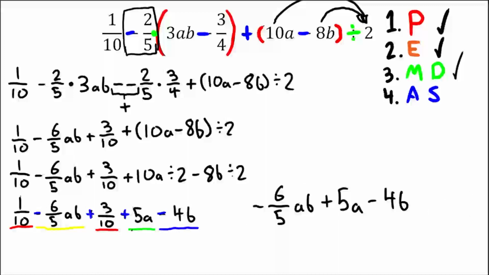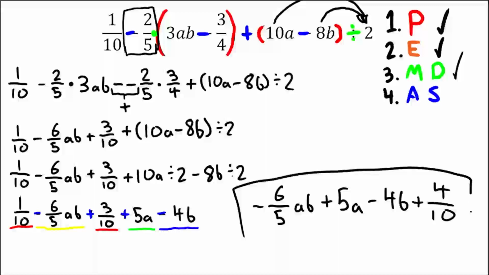And then finally, the terms with no variables, I think they're called null terms. I don't know, I just know the French one, the terme nul. So we're just going to add 1/10 and 3/10 together. It gives 4/10, and there we go.